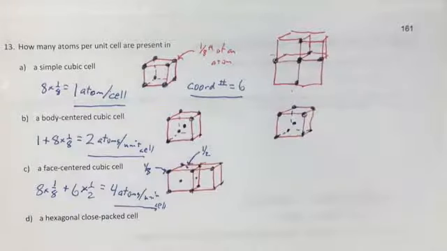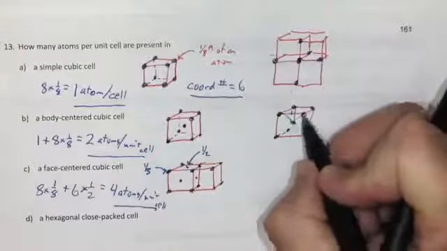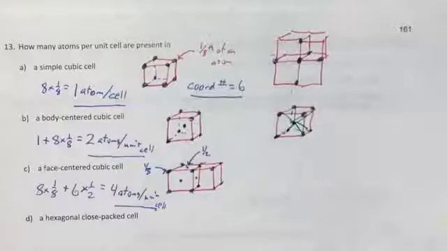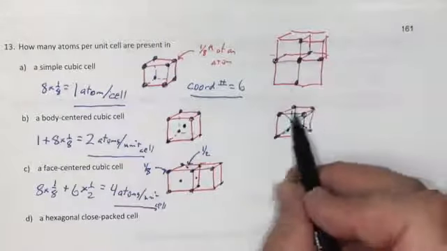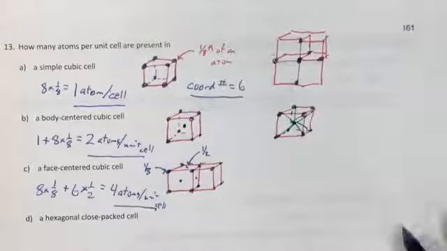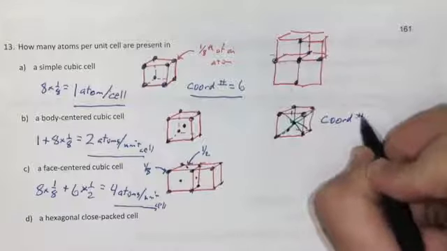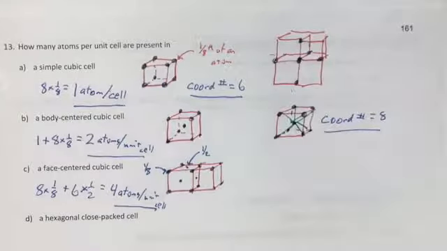Now that one that's right in the middle of the cube, if we look at how many nearest neighbors it has, well, 1, 2, 3, 4, 5, 6, 7, 8. The coordination number is 8. The one in the middle is next to 4 at each corner, so the coordination number is equal to 8.